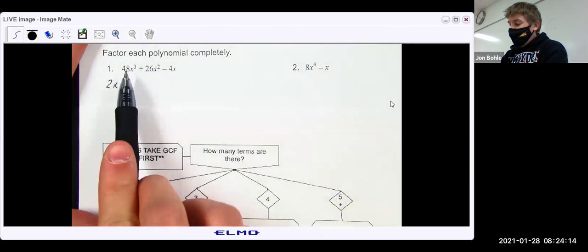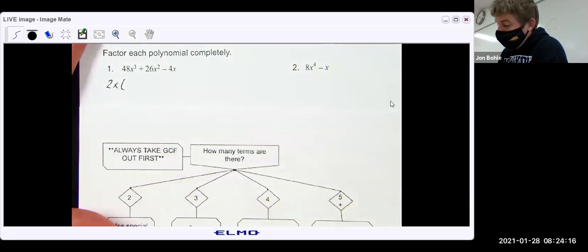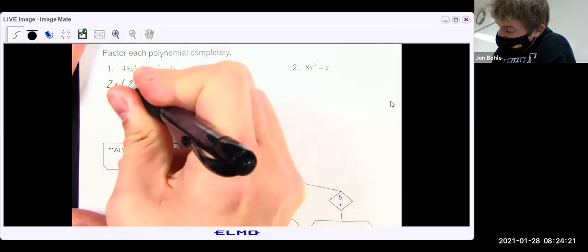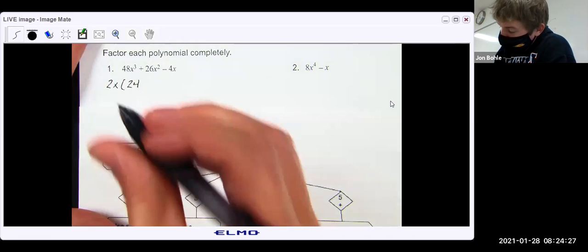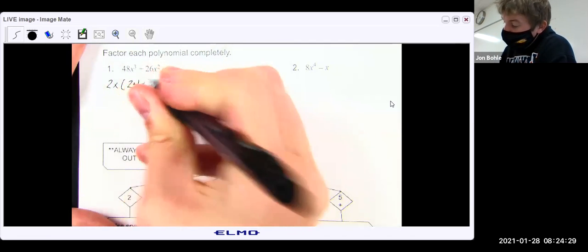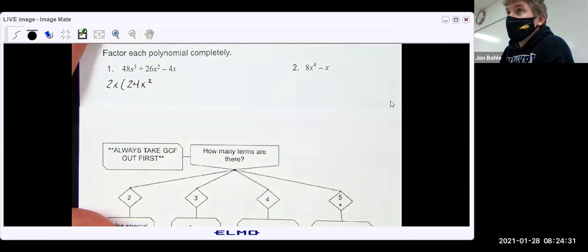Okay, so 48 divided by 2. And then there's x cubed, and I'm dividing out 1x, x squared. They're equivalent statements. Yes, that's right.